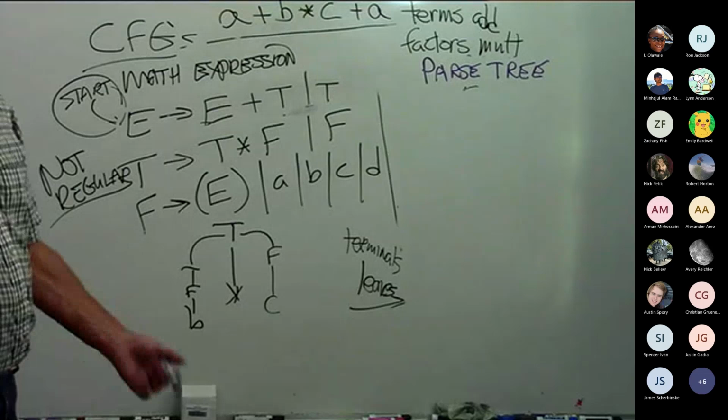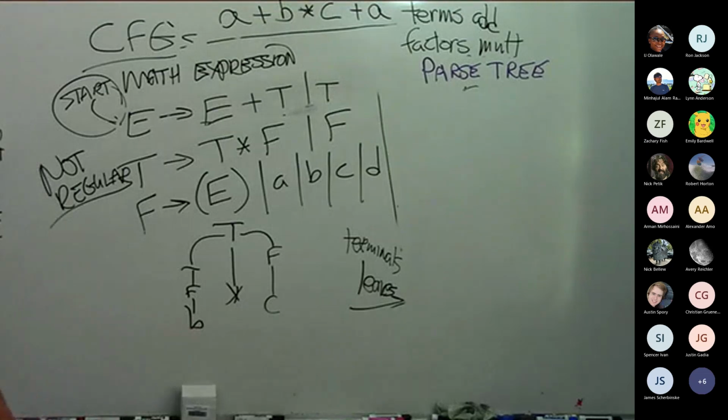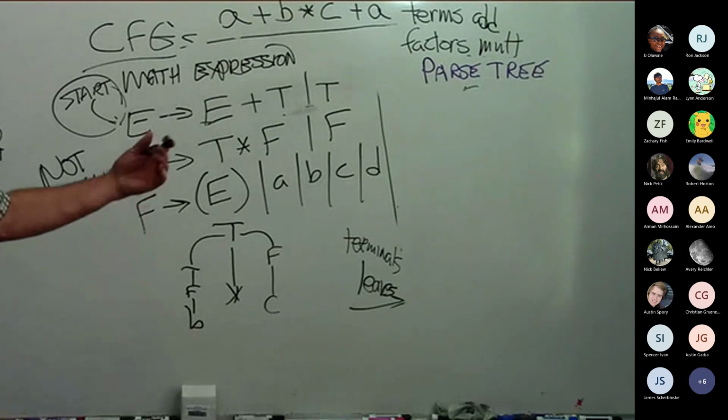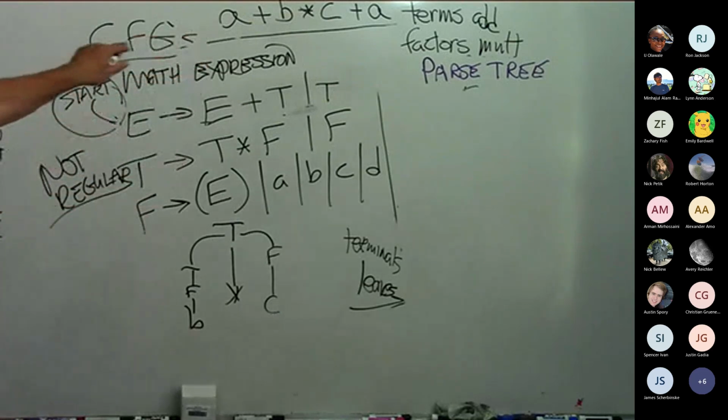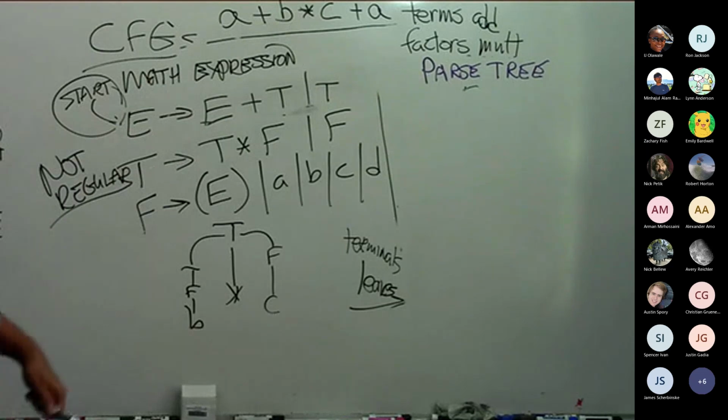So the way to figure out the derivation here, this is really building a parse tree, or parsing. We would say we're parsing that string of characters to figure out where they came from, what the parse tree is for them.